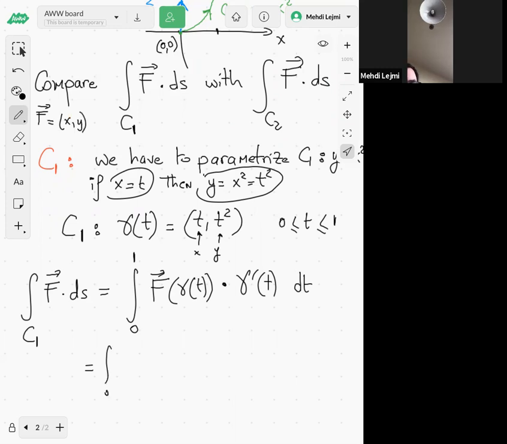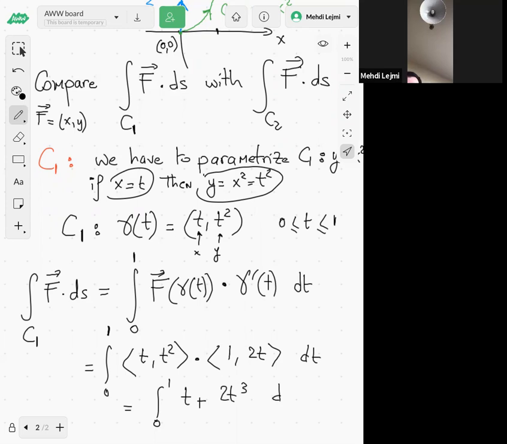That's the vector field. x is t and y is t squared. Gamma prime of t: the derivative of t is 1, the derivative of t squared is 2t, right? dt. This is a scalar product, so that will be t times 1 is t, plus t squared times 2t, that's 2t cubed, right? dt.